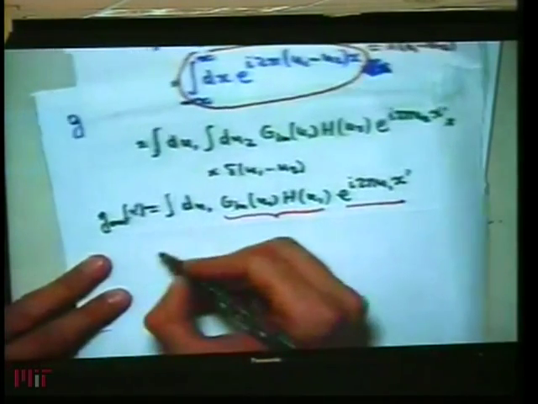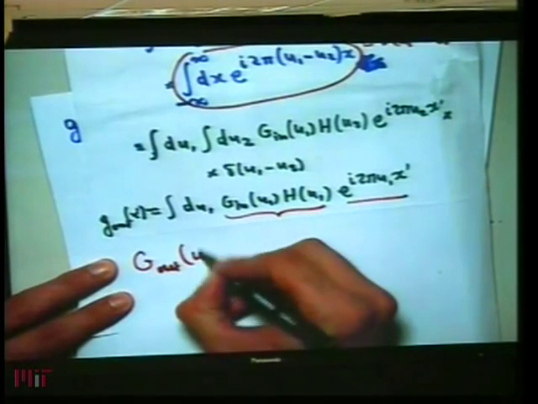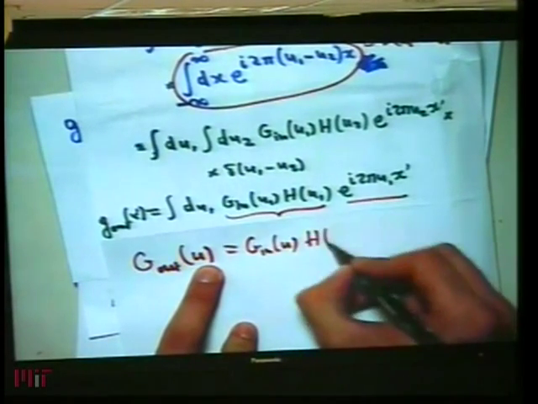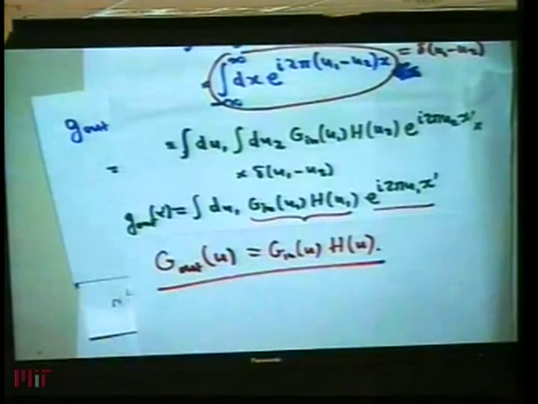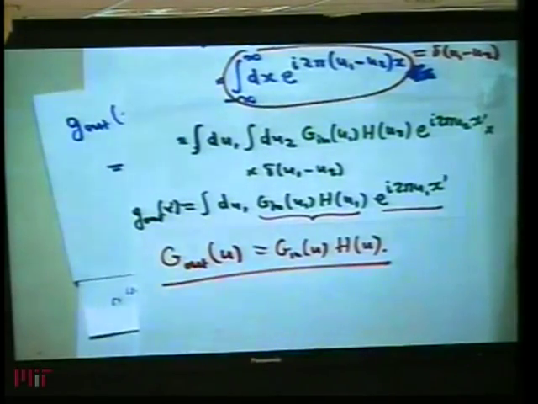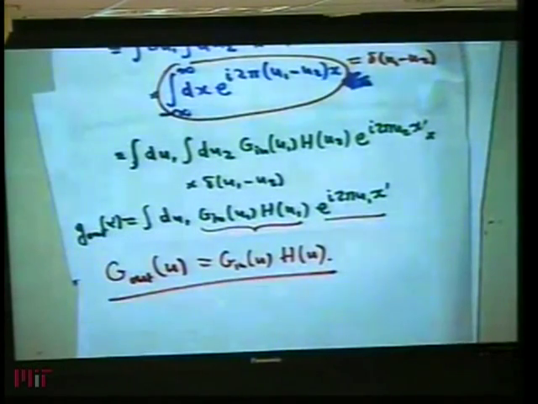So this result is equivalent to g sub out of u equals g sub in of u times h of u. This is then the proof of the convolution theorem, which says that if two functions are related as a convolution with a kernel, then the equivalent relationship in the Fourier domain is a product of the Fourier transform of the input function times the Fourier transform of the kernel.